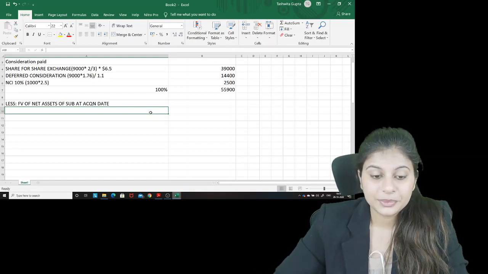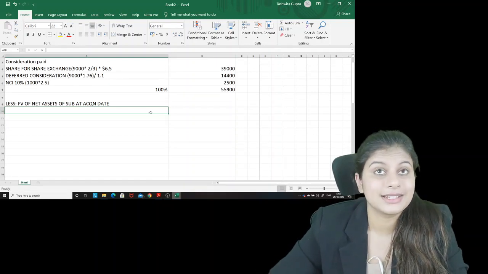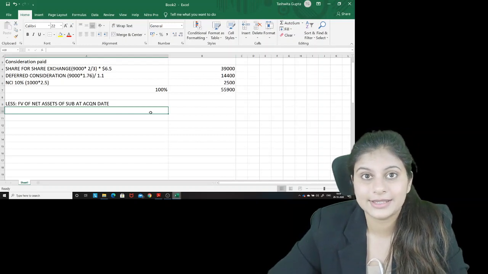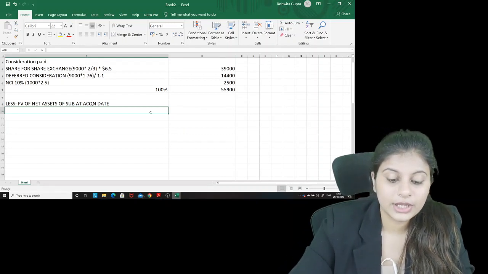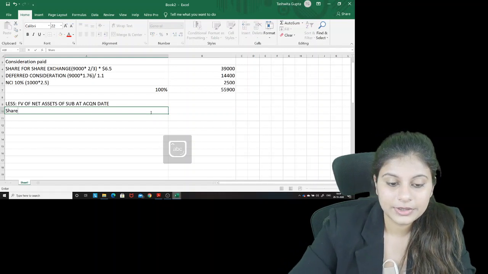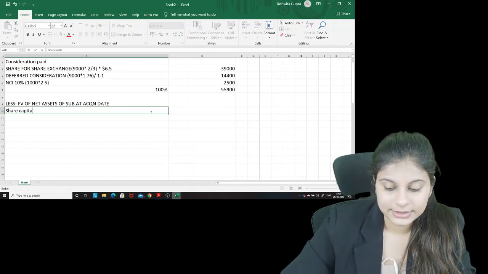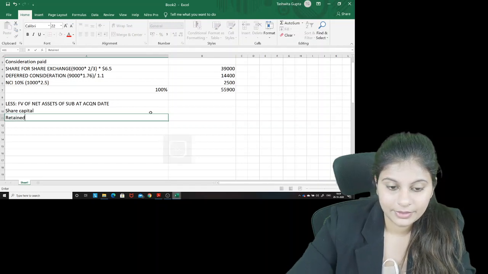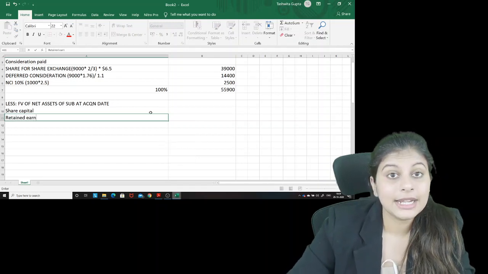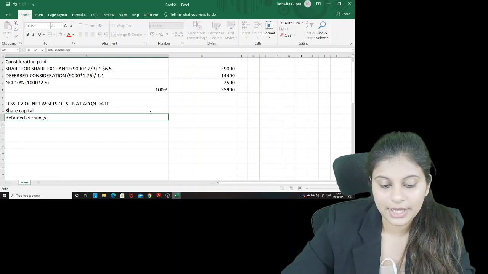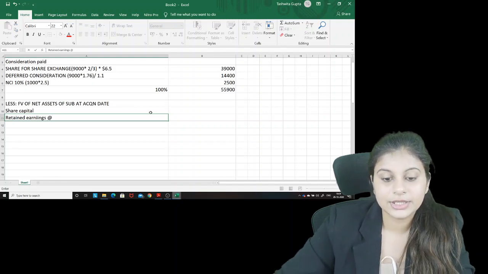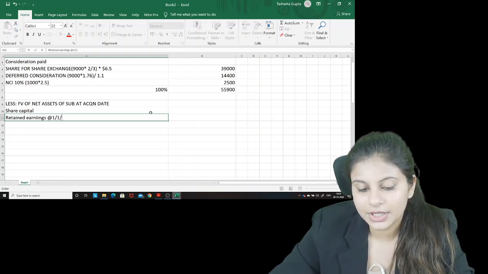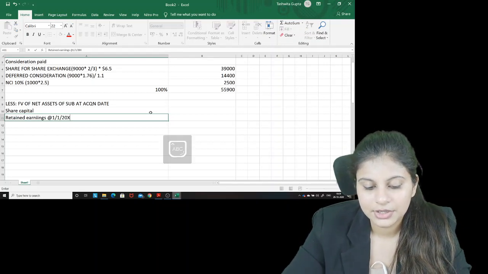So I'll write here what comes under the net assets. Assets minus liabilities, the net asset, equity section. So share capital comes under this. The retained earnings will come under this. Retained earnings at acquisition date. And what is the acquisition date? Acquisition date is 1st January 2002.